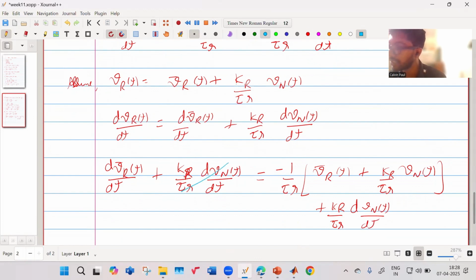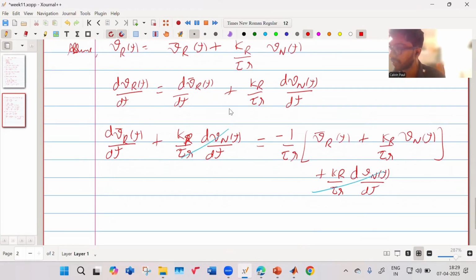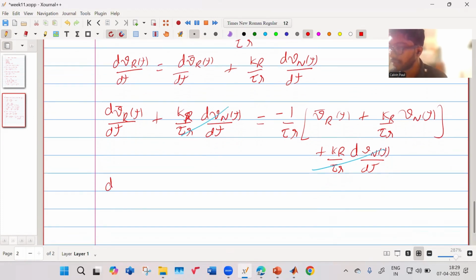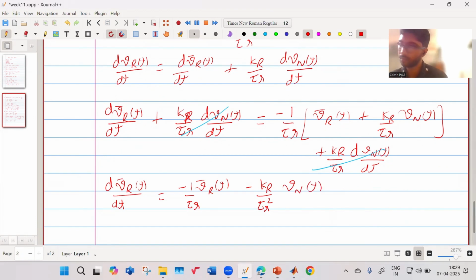So this and this get cancelled. So we get dVr bar of t upon dt is equal to minus Vr bar of t upon tau r minus Kr upon tau r square into Vn of t.